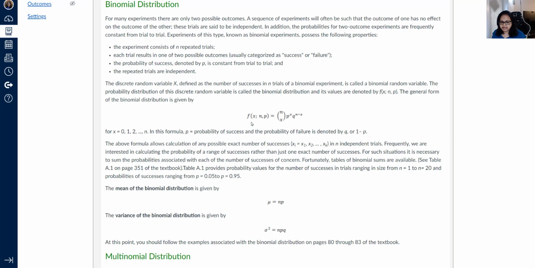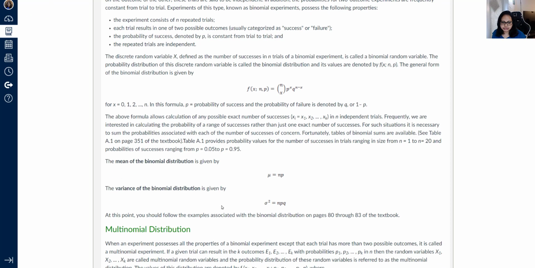If we need to find the mean, we multiply the probability of success by the number of trials, how many times we repeated. And then if you multiply that by the probability of failure as well, you would get the variance.